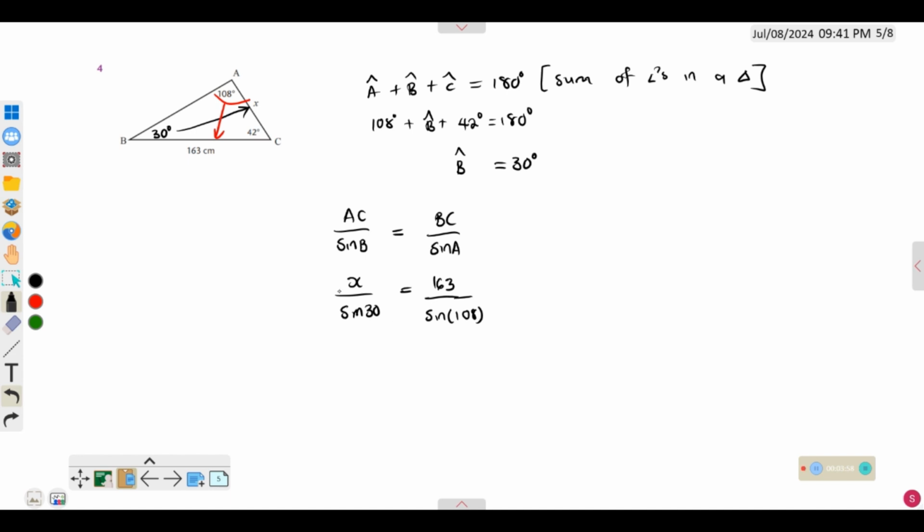Make x the subject of the formula by multiplying both sides by sine 30. So x is equal to 163 divided by sine 108 multiplied by sine 30, which gives us x equal to 85.69 centimeters. Next problem.